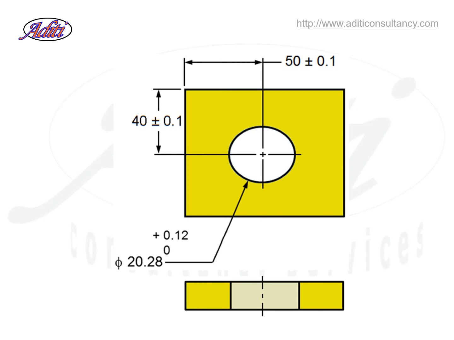If a designer wants to design this part without using GD&T, then the drawing will look like this. Here also the nominal value of the diameter and the tolerance applicable to it are the same as in the previous case. But the x and y coordinates of 50 mm and 40 mm are directly given a tolerance of plus or minus 0.1 mm.